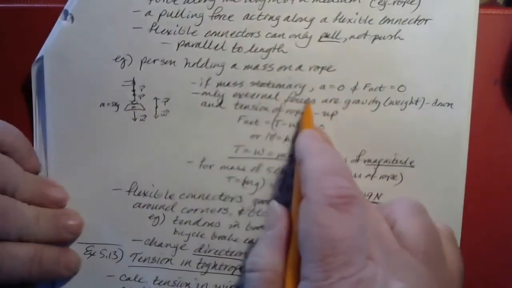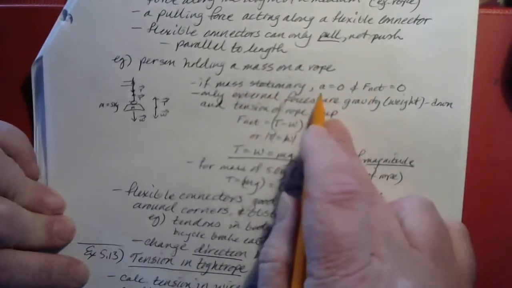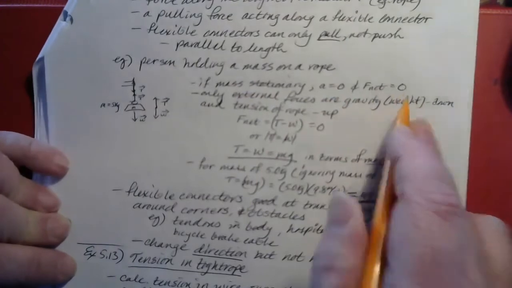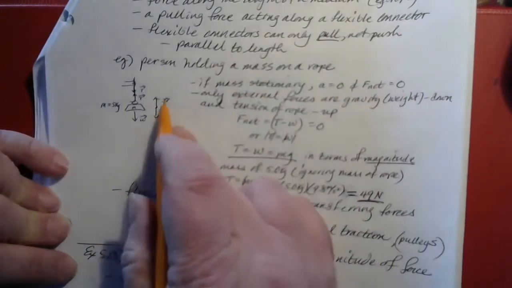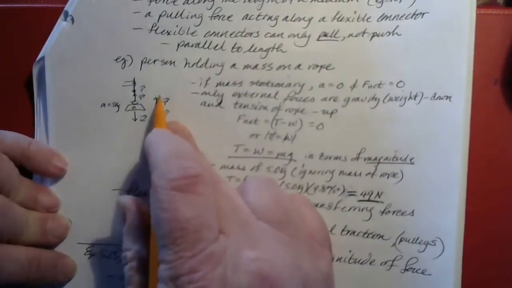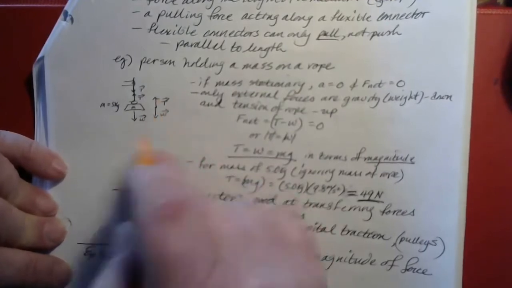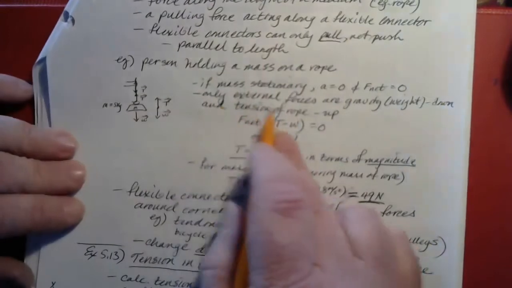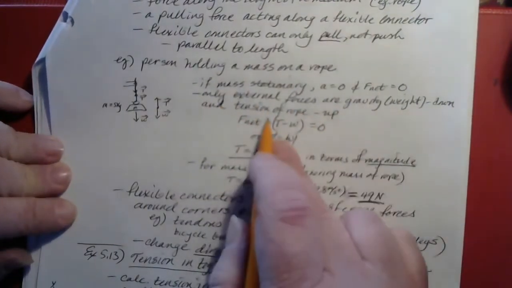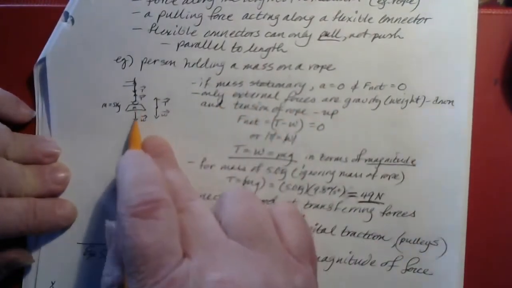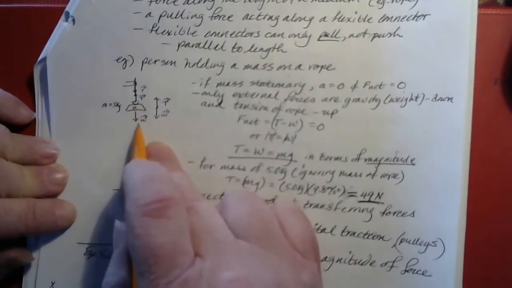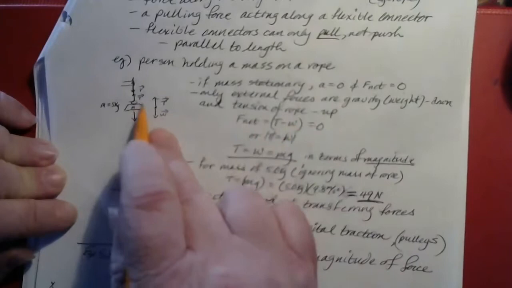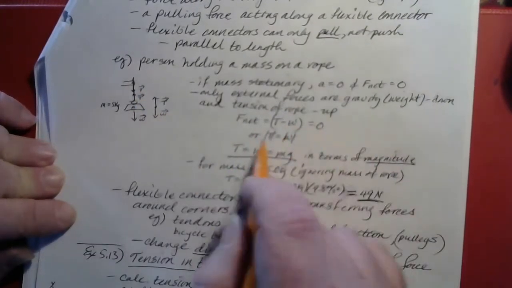That's again because if the mass is stationary, then there's no acceleration, and that means there's no net force in the up and down direction, which means that the upward force in the y direction has to be equal to the downward force in the y direction. So here the only external forces would be gravity down on the mass in the form of weight, and tension upward on the mass through the rope or the string.